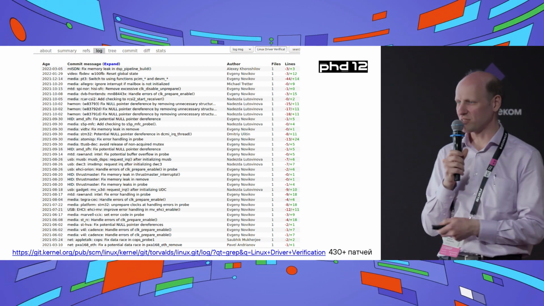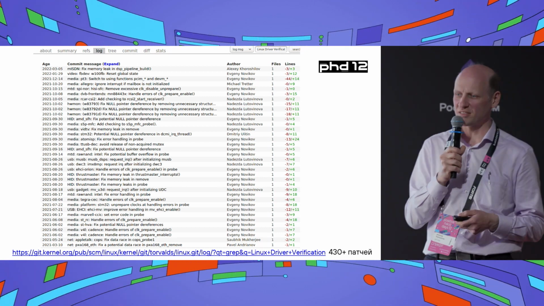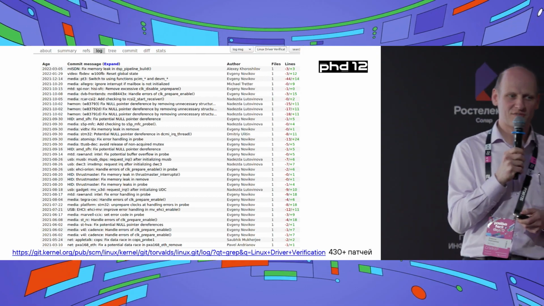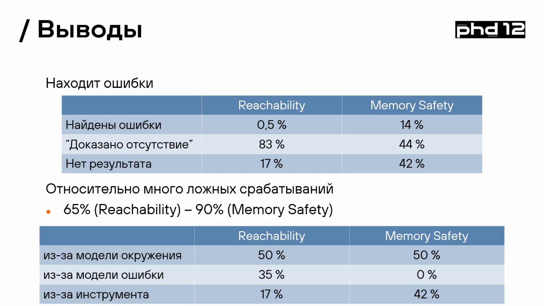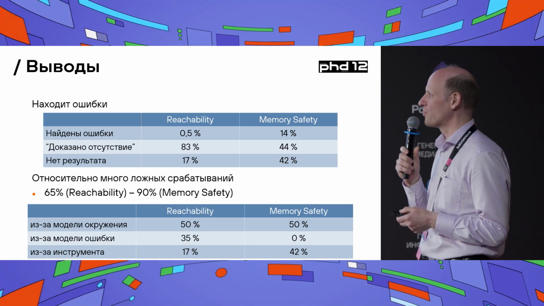If you look at the repository, we found about 430 patches, but in fact the situation is more complicated.